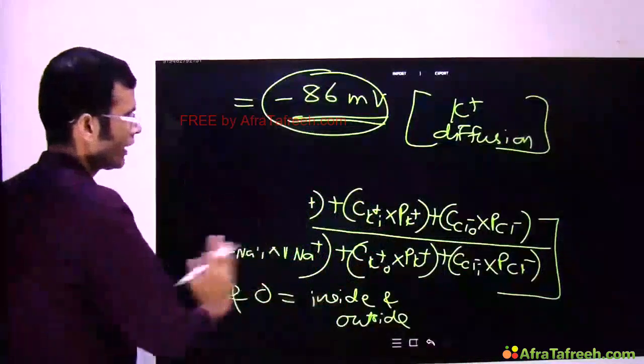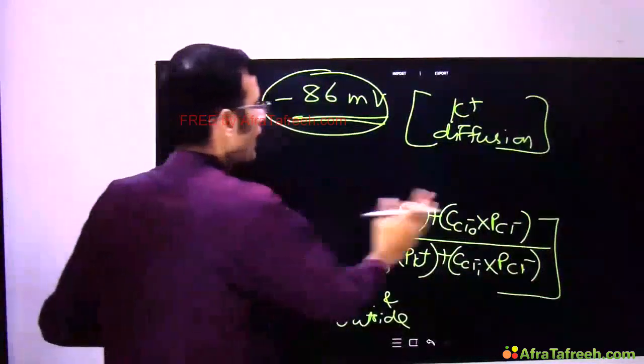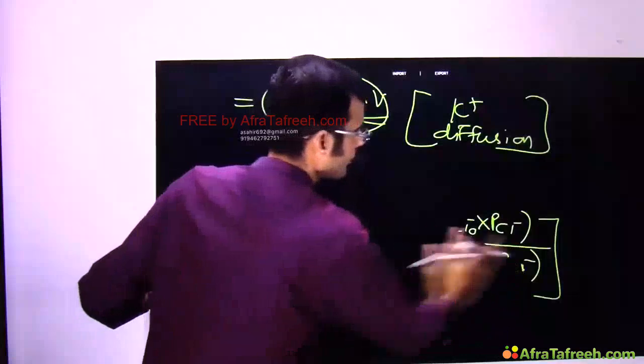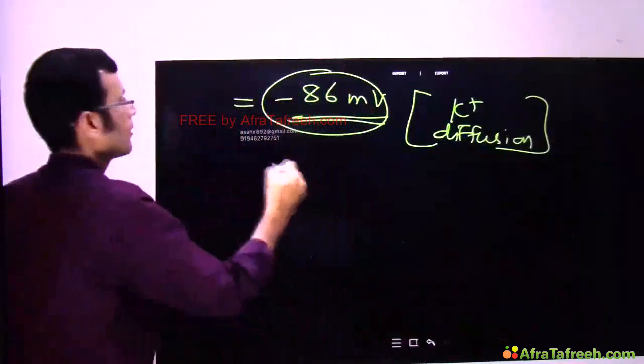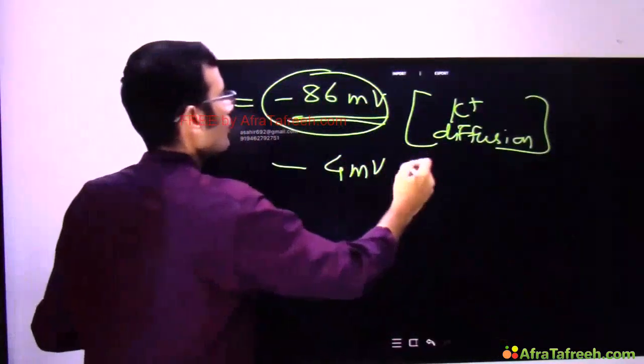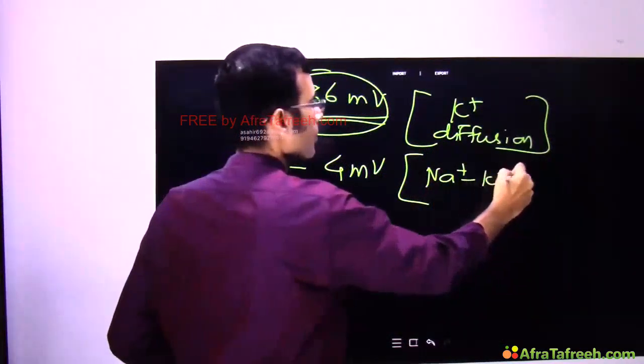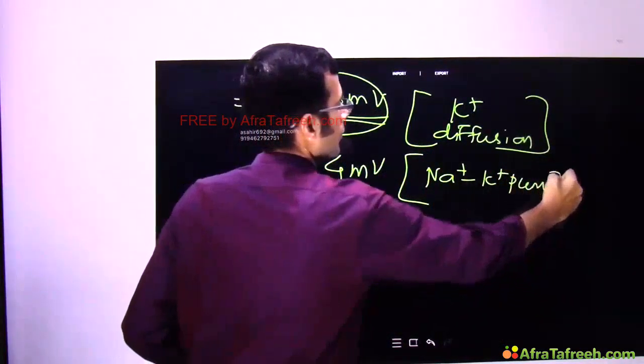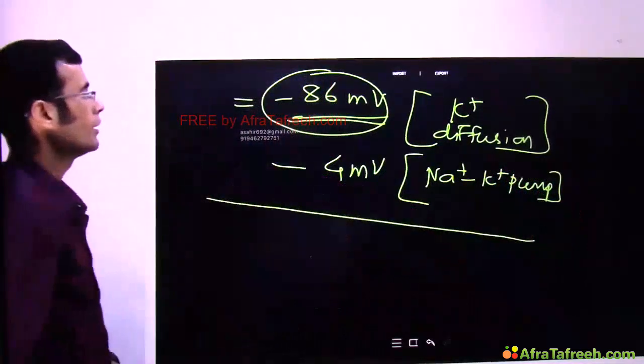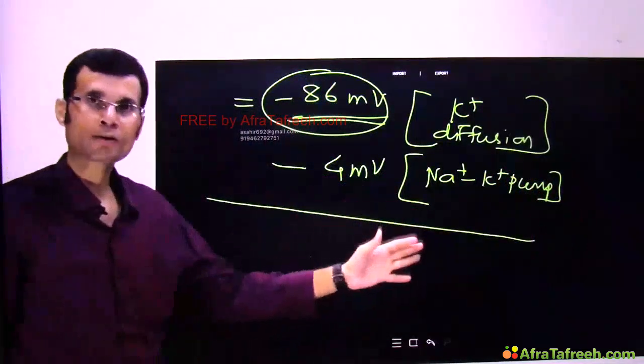But still, we are short by 4 millivolts. You know, RMP is minus 90 millivolts for the muscle. Minus 4 millivolts is contributed directly by the sodium potassium pump. The sodium potassium pump is electrogenic.